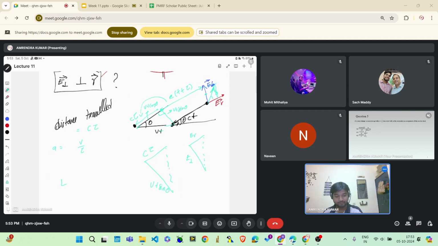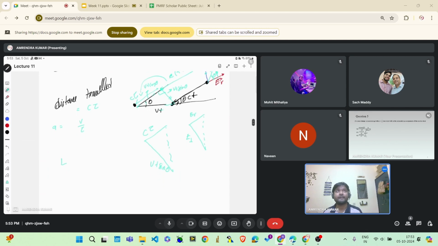This theta, this theta. So from here, one can calculate E perpendicular over E_r equals vt sin theta.